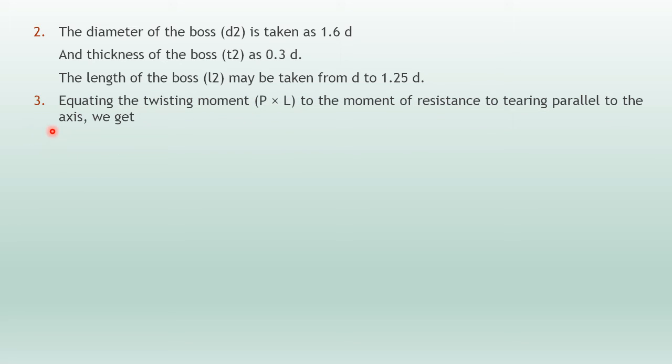Now in the third stage, equating the twisting moment, that is P into L, to the moment of resistance to tearing parallel to the axis, we get P into L equal to L2 into T2 into sigma T into (D plus D2) by 2.